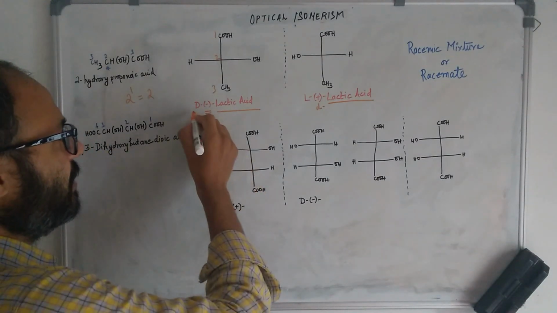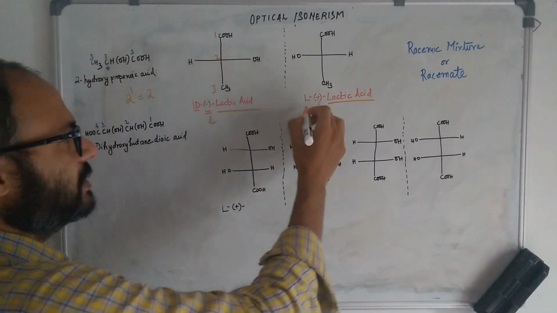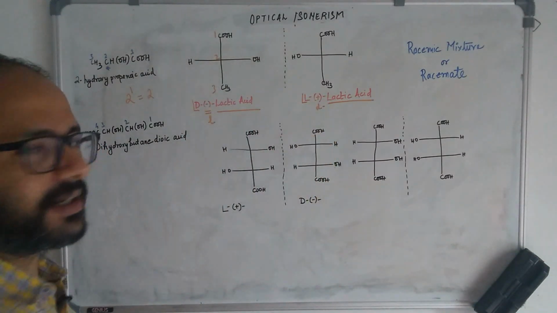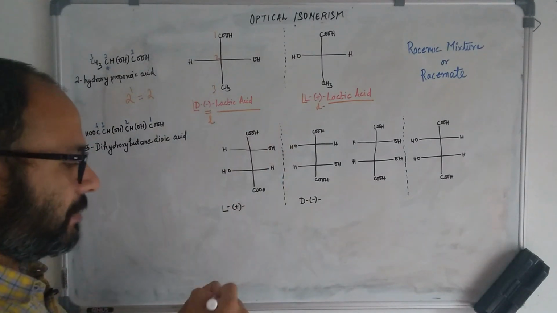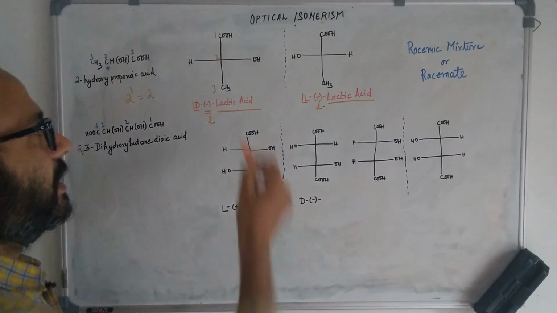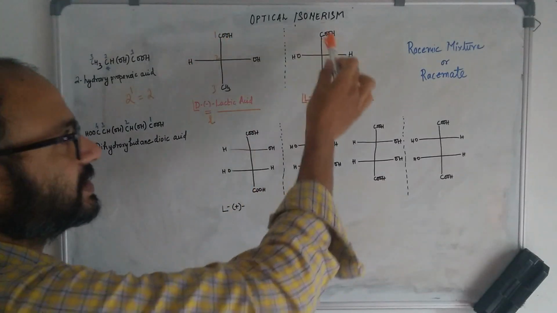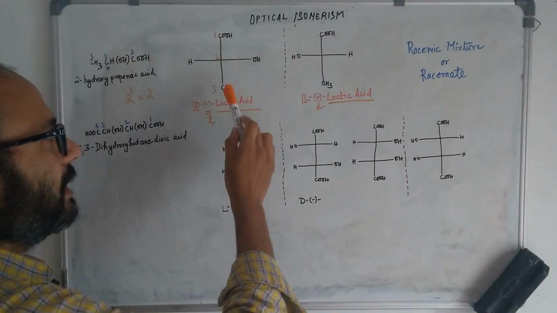Now, here I have written down some other terminologies like capital L and capital D. So what do you mean by this capital D and capital L? This is nothing but when you write this Fischer projection in this manner, what happens?